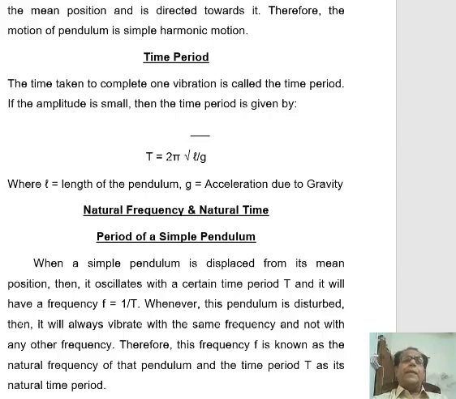Time period, here again, time period T equal to 2 pi under root L over G. Here again, as in the previous case, the symbol under root has been typed in two different lines. The upper portion of the symbol, that is simply a bar, is typed in the above line, while the remaining part of the symbol is typed in the other line.